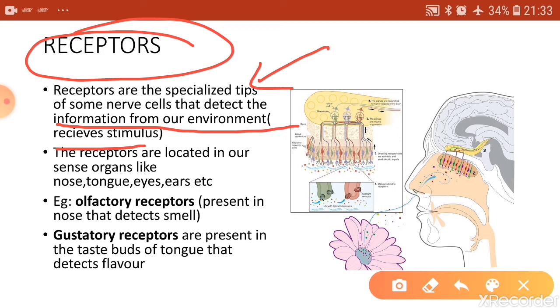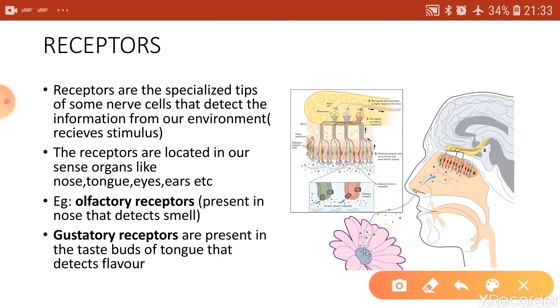The stimulus of smell will be received first by the receptors, then it is taken by the neurons to the central nervous system, that is the brain, which analyzes the message, and then you become aware of the same. So the information from the environment is picked up by the receptors, and receptors are nothing but special nerve cells which detect the information from the environment.